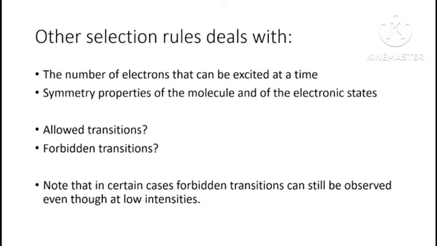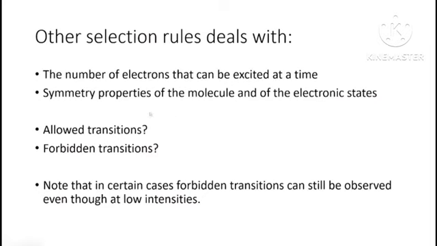For example, if the molecule is rectangular and undergoes rotation, reflection, or any kind of transformation, then the molecule at the end should also remain rectangular. It shouldn't change. When that happens, we say that the molecule has obeyed the symmetry rule.